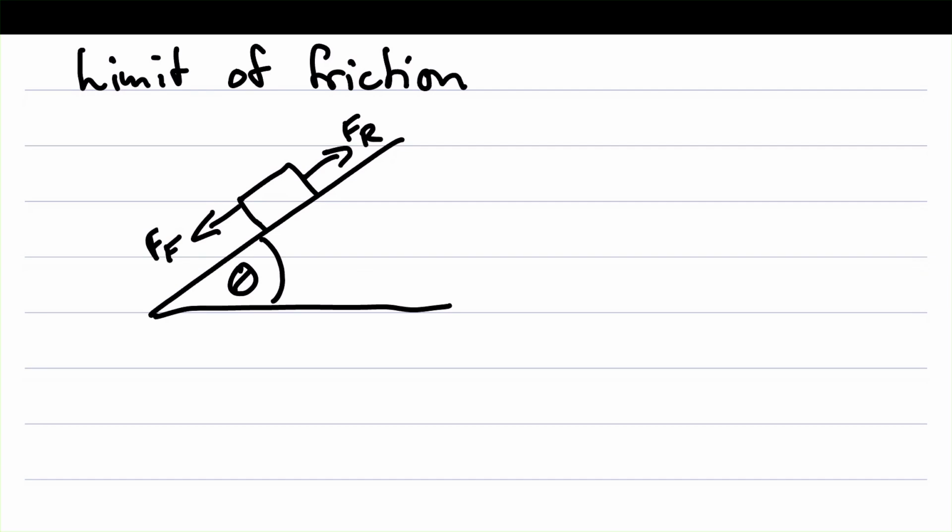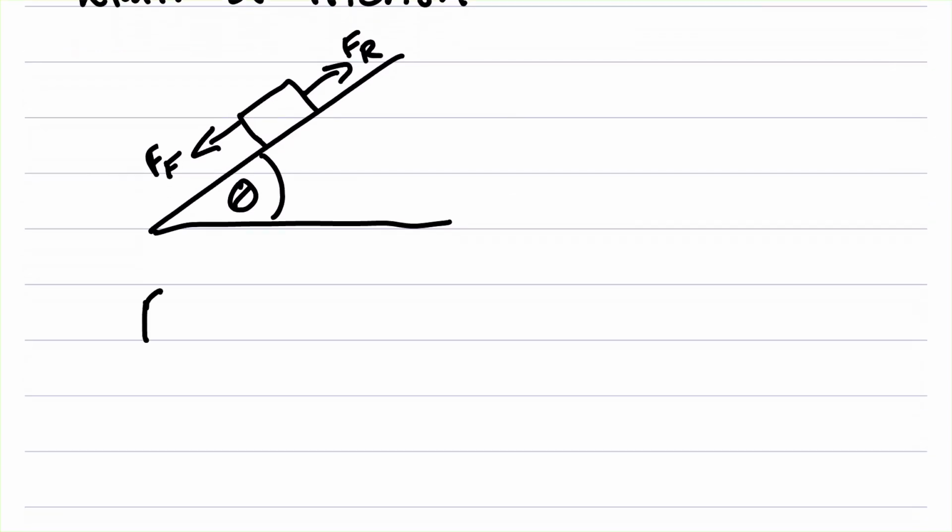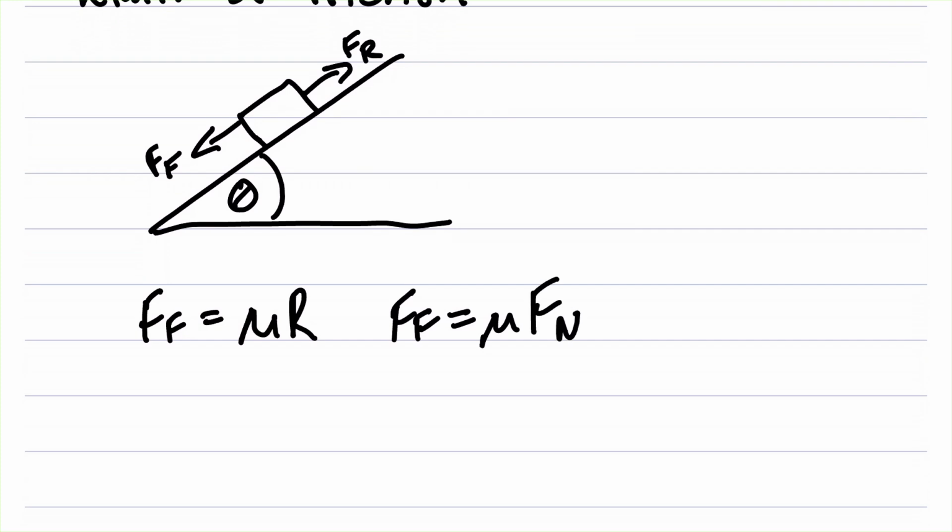It's going to change depending on the type of question that we have, and we have to make an assumption. At this limiting equilibrium, our frictional force is going to be equal to the coefficient of friction multiplied by the normal contact force, known as R. I like to write it as frictional force is equal to coefficient of friction times the normal contact force.